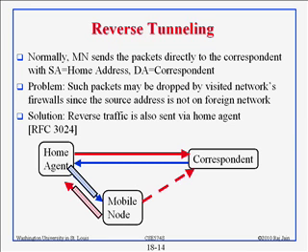Let me just tell you one more thing. It is tunneling, so what the mobile node has done, either by itself or by the care-of address in the foreign network, is create two envelopes. The first envelope has the source address as the home address. That is put inside a bigger envelope that has the source address as the foreign address.